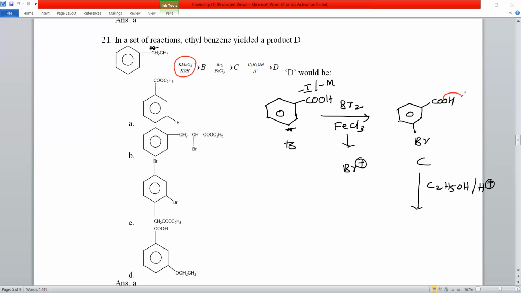From the acid we remove the OH group, and from the alcohol we remove only the H. So elimination of water takes place and we get the ester: COOC2H5 with bromine here. Ethyl meta-bromobenzoate. Check the options. Option A is the correct one, student.